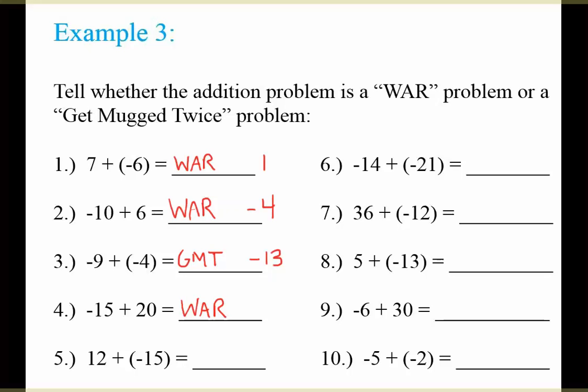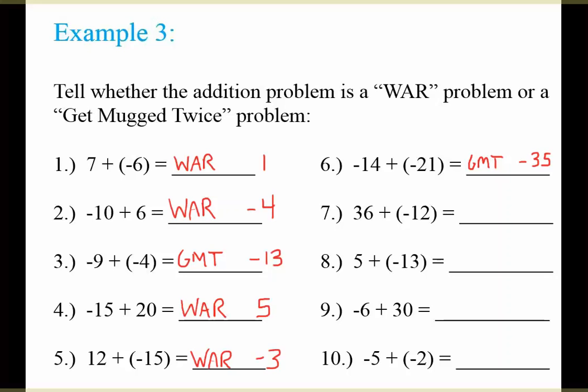Positives win, and they win by 5. Okay, number 5, also a war problem. Negatives win, and they win by 3. All right, now number 6 is a get mugged twice. You lose 14, you've lost 21 altogether. You've lost 35.